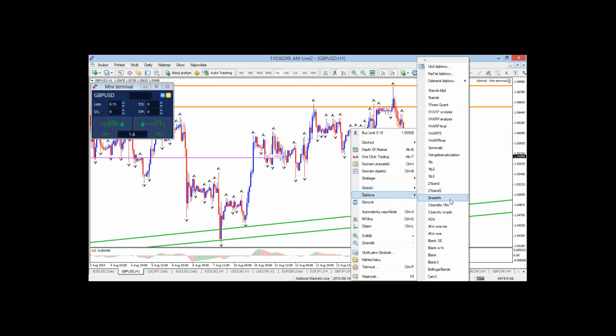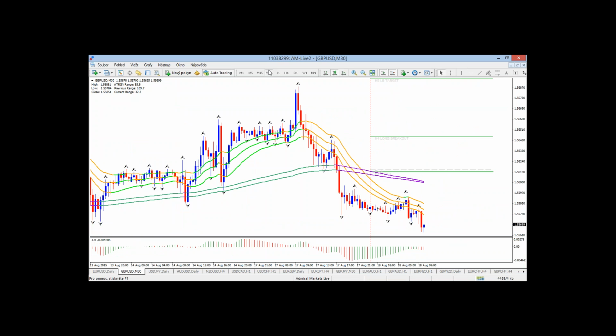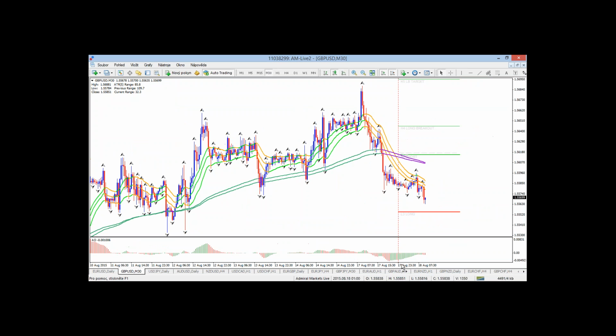So let's take a look at Camarilla. Both the euro and the pound have a crossover, recent crossover.